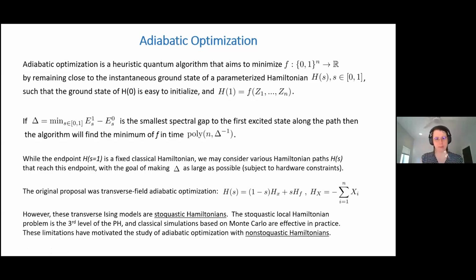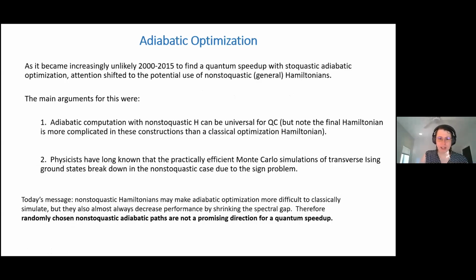So the algorithm was proposed, and then these limitations were recognized. And those limitations also motivate the study of adiabatic optimization with non-stochastic Hamiltonians, which is what I'm going to analyze here.